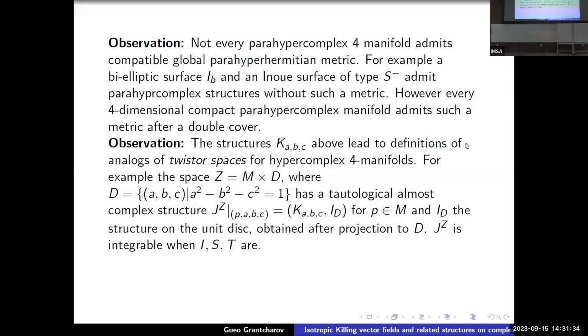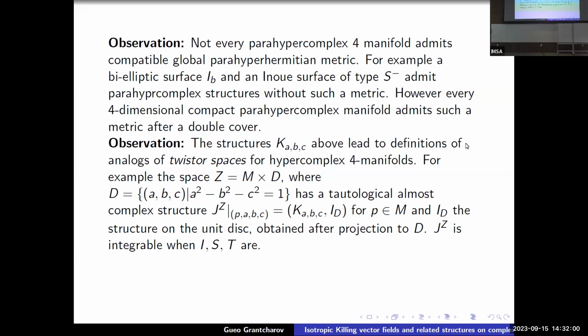And one can get this by an elliptic surface or this type of S minus in all of them. This is non-Kähler. They admit para-hypercomplex structures. You can find them, but they do not admit such a metric.